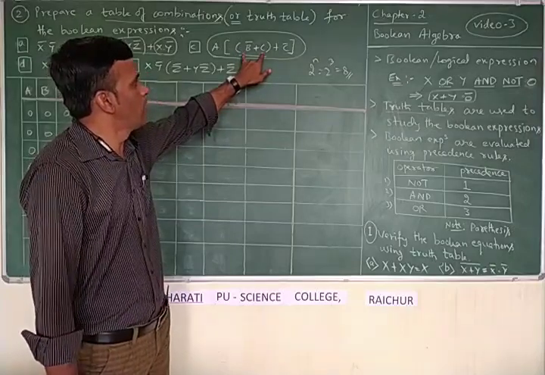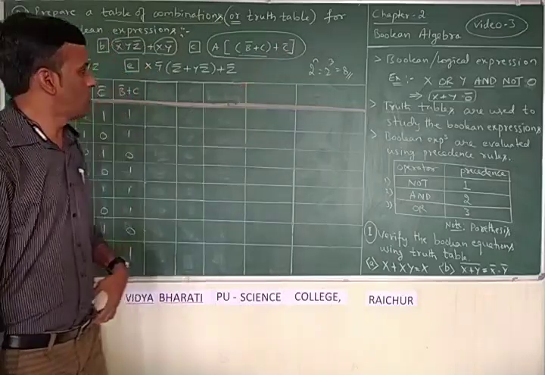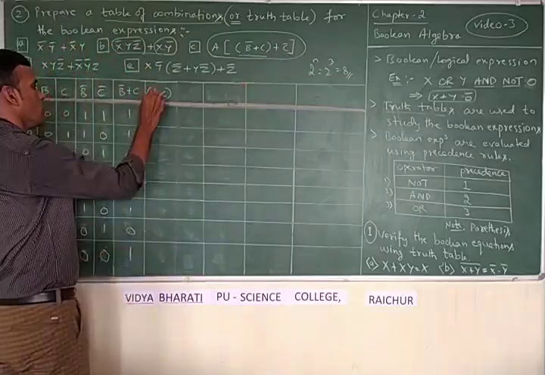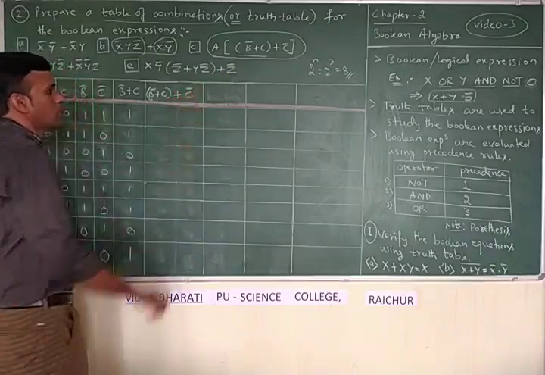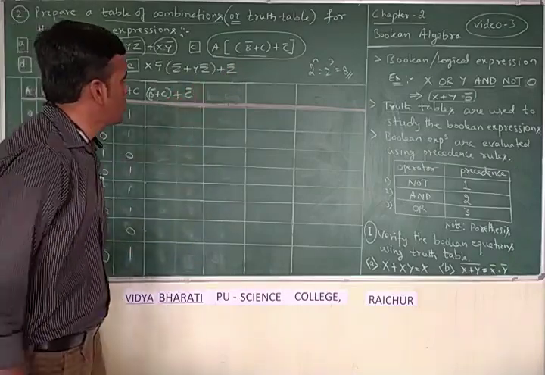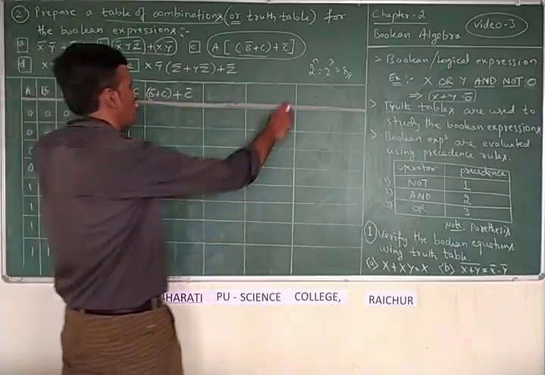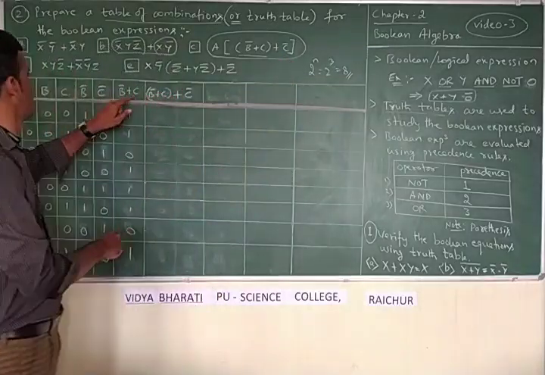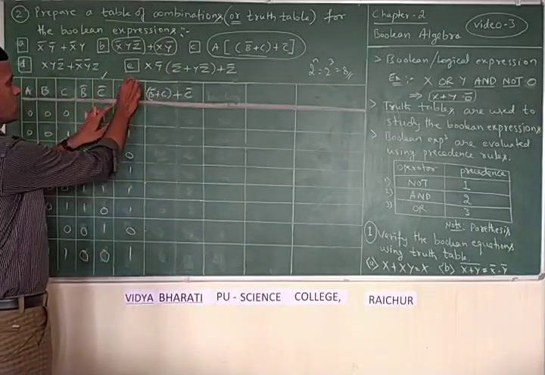Then we go for OR, meaning plus, with C bar. So B bar plus C, here is that column, then it's just C bar. C bar is here, B bar plus C is here.